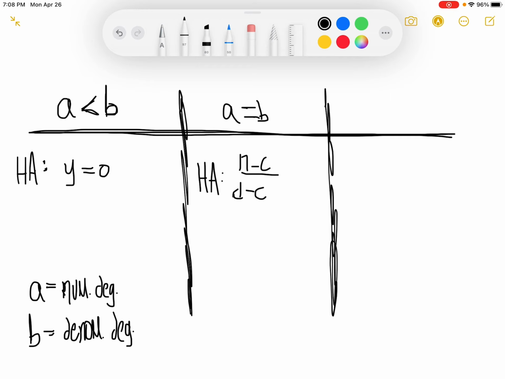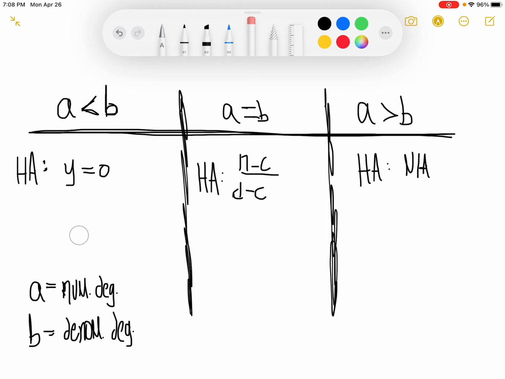We'll look at examples in a minute. And if A is greater than B, then no asymptote. So the horizontal asymptote equals NA, not applicable. We can look at examples and figure out which one we would do.